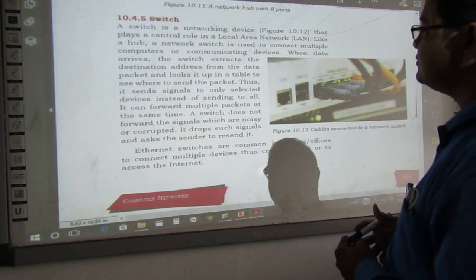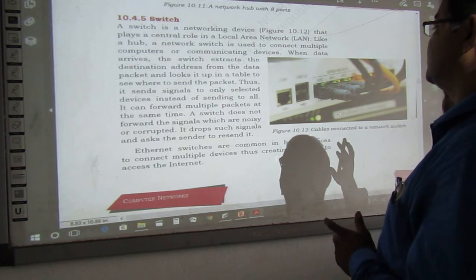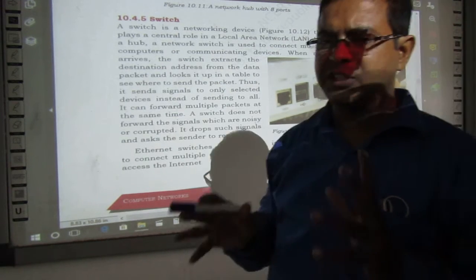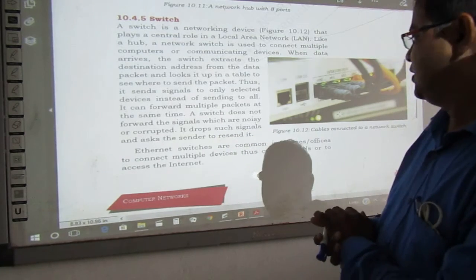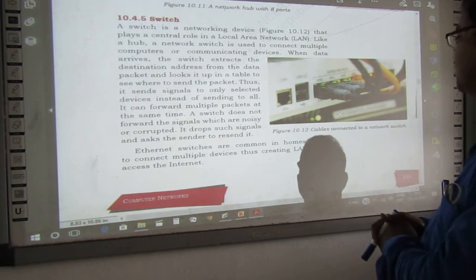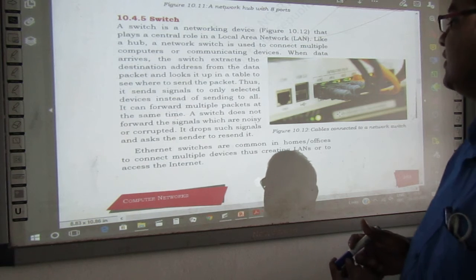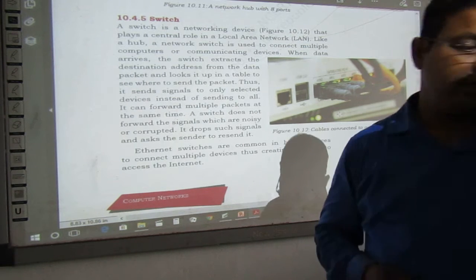The switch does not forward a noisy or corrupted signal, because it has some facility to filter the data. Ethernet switches are common in homes and offices, and they can connect multiple devices, like getting the LAN across the internet.